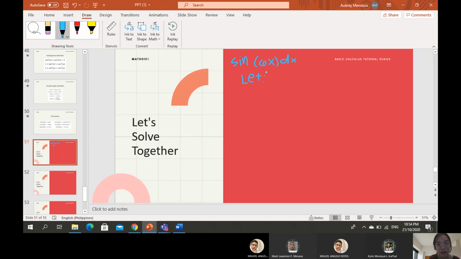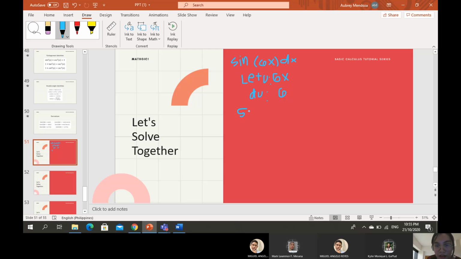As I said earlier, the let u is the inner function. So the inner function here is 6x. Let u is 6x, and then next is the du. The derivative of 6x is 6. There. After that, you need to substitute.